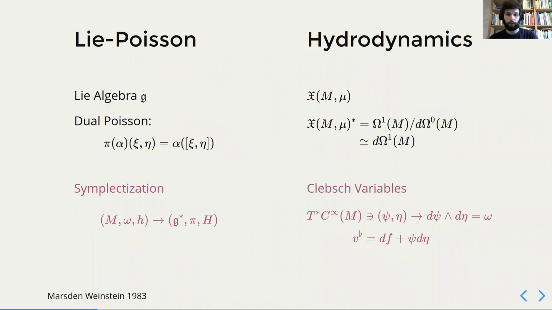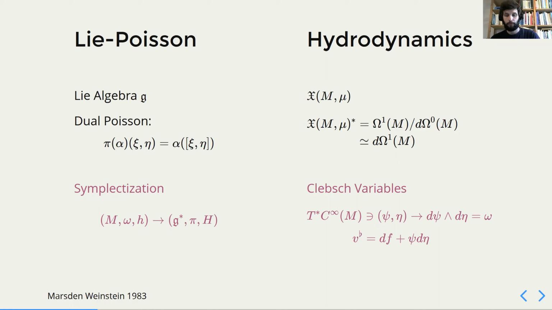And in hydrodynamics, if you do this construction, then you recover what are called the Clebsch variables. In this case, we have the symplectic manifold, which is the cotangent bundle of all smooth functions on a manifold. So you can identify them just as two smooth functions on your manifold, which I denoted here by psi and eta. And the map to the exact two forms, which is the dual of the Lie algebra, is just given by taking the wedge product of the exterior derivatives.